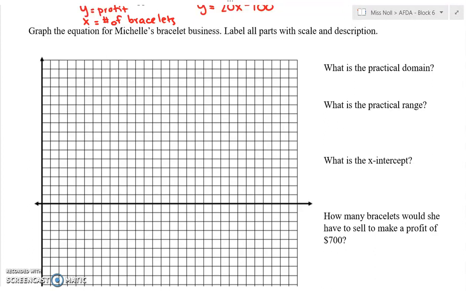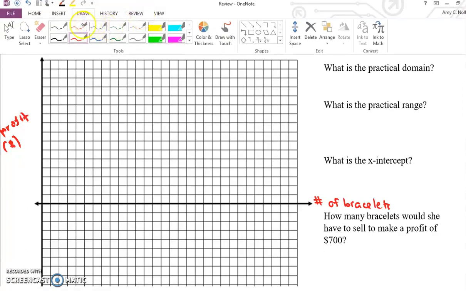So when we're graphing this, X represents the number of bracelets, right? And over here on the y-axis we have profit, and that is represented in money amount. Then I want to see if I can make this skinnier.